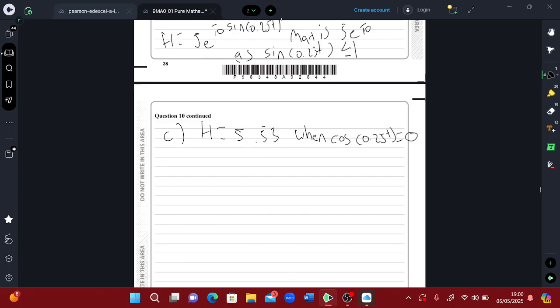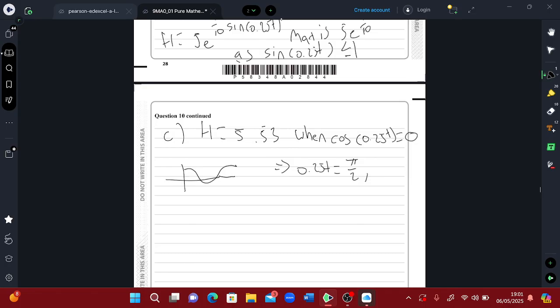So we need to consider the solutions we get here. So 0.25t would have to be, well, we already know it's pi over 2, but think about the graph here. So consider the cos graph. It should look something like that. When you're solving trig, always think about the graphs. I think that's the best way.